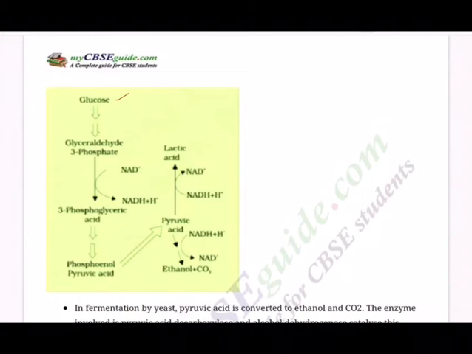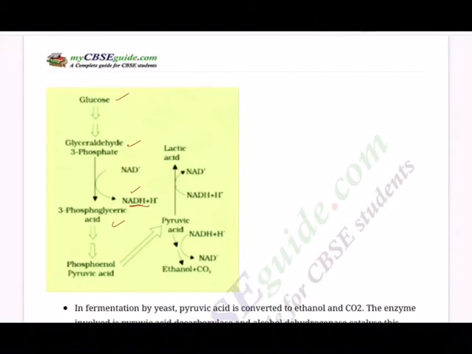This is how. The glucose molecule and glyceraldehyde 3-phosphate is formed. Glyceraldehyde 3-phosphate becomes 3-phosphoglyceric acid, and here NAD plus is becoming NADH, a rich energy molecule, and 3-phosphoglyceric acid is forming phosphoenol pyruvate.